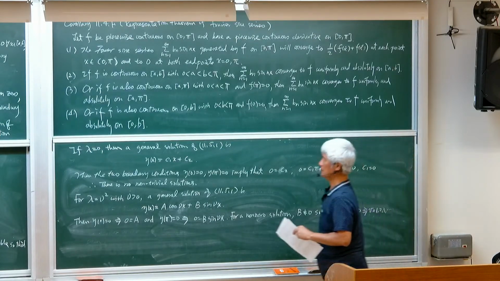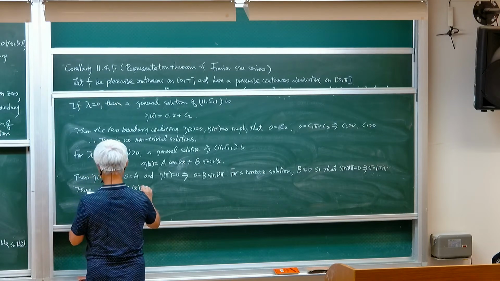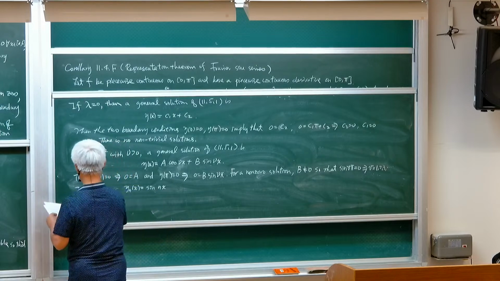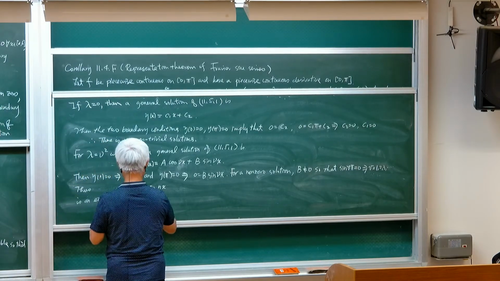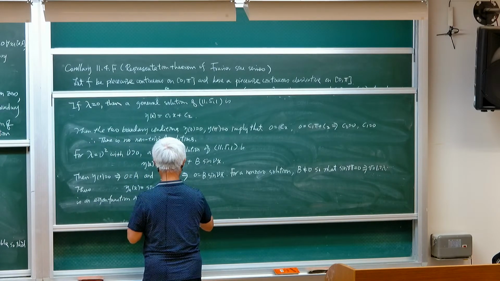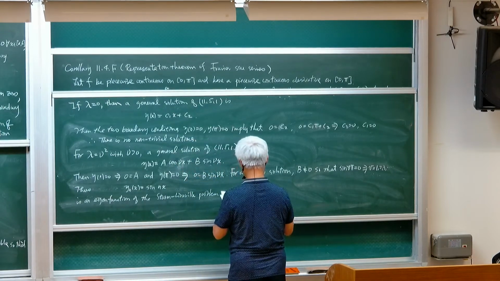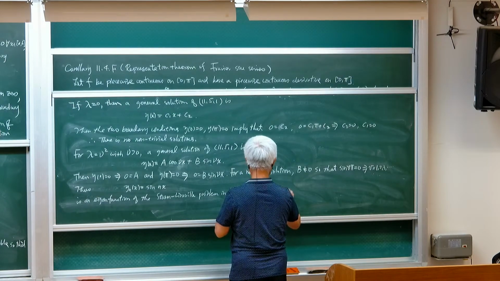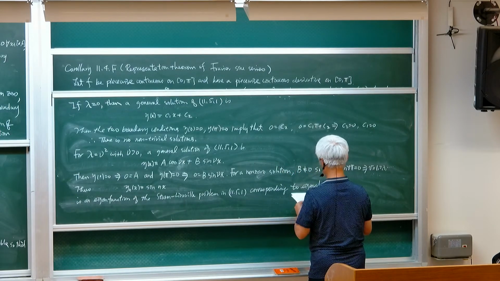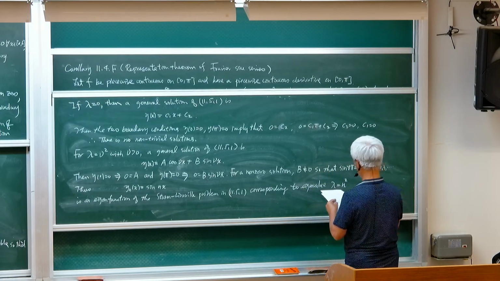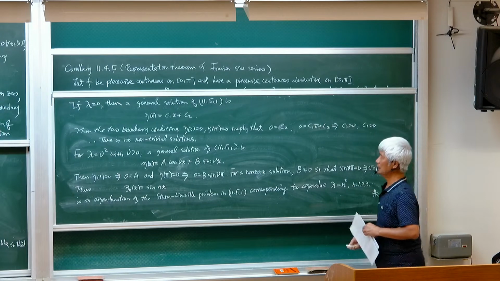So that's y_n(x) equals sine nx, an eigenfunction of the Sturm-Liouville problem in 11.1.1 and 5.1 corresponding to eigenvalue lambda equal to n squared, where n is a natural number.